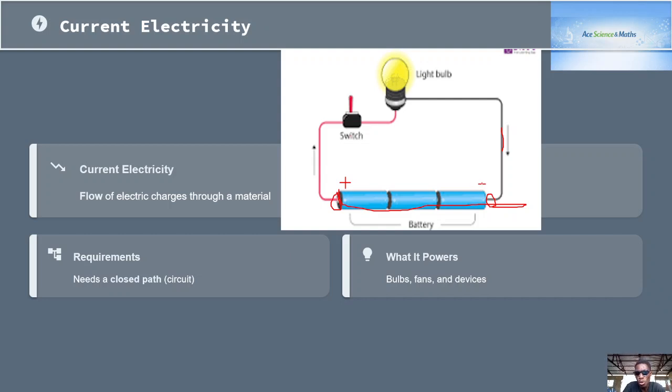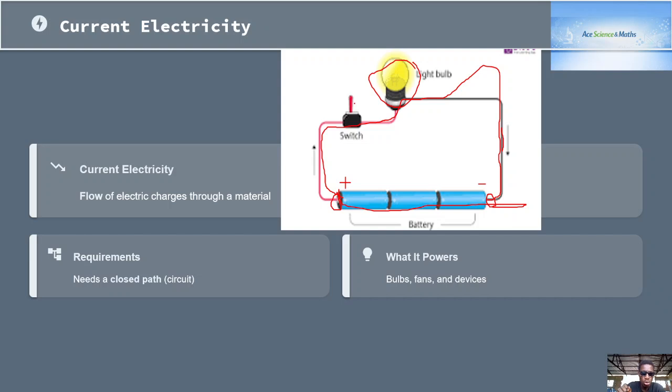So electrons move from the negative terminal through the wire, then back to the positive terminal, and as a result of this flow, our bulb lights up. If the circuit is broken, when the switch is open, there will not be any electron flow.